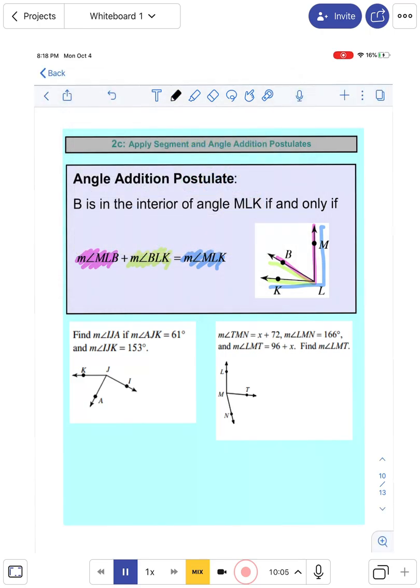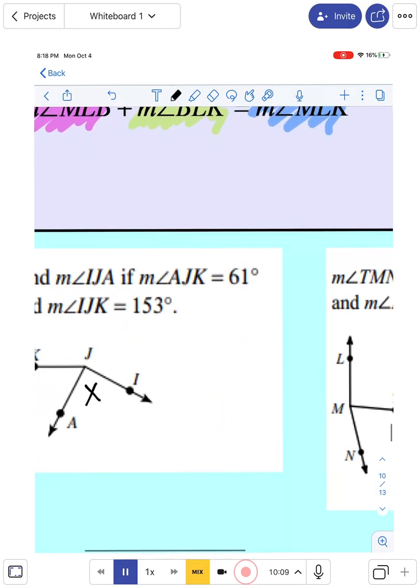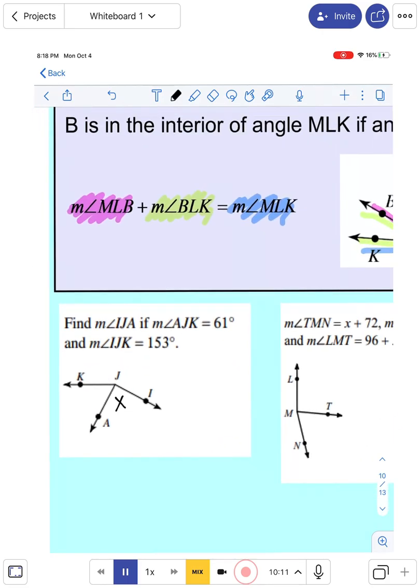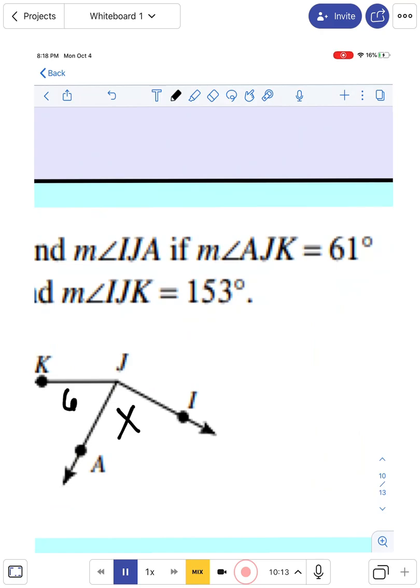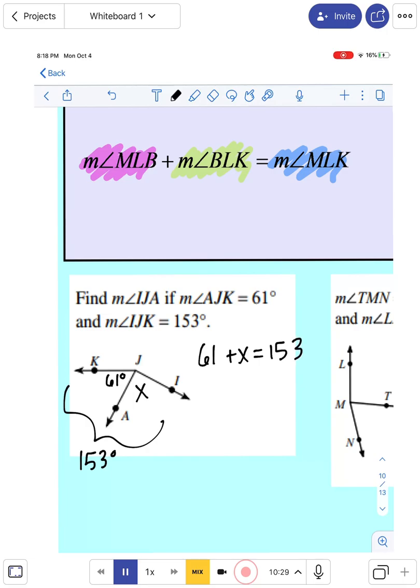So let's look at some examples. First example says, find measure of IJA. So IJA I'm calling x. Measure of angle AJK is 61. And measure of angle IJK is 153. That's the whole angle. So I'm going to set up an equation. 61 plus x has to equal 153.